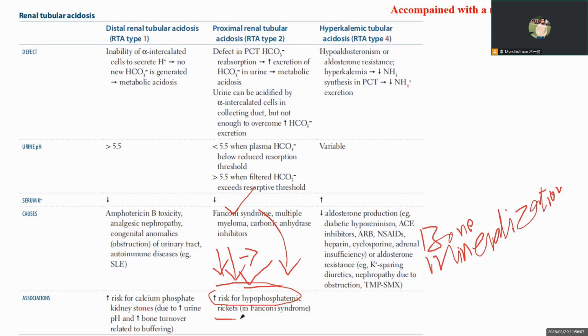So for type 2 RTA, just remember: a defect in the proximal convoluted tubule, with reduced ability of the PCT to reabsorb bicarbonate. There is a variable urine pH depending on the plasma bicarbonate level, and it leads to hypokalemia, often associated with Fanconi syndrome.